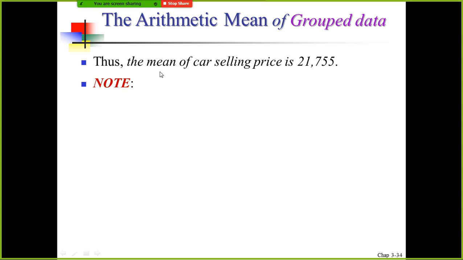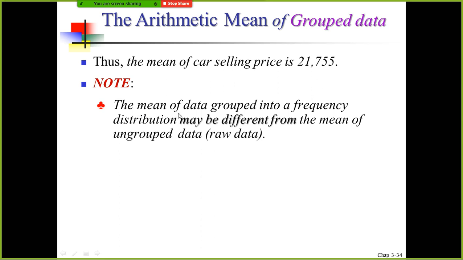Thus the mean of the car selling price is 21,755, or the average selling price of a car is 21,755.